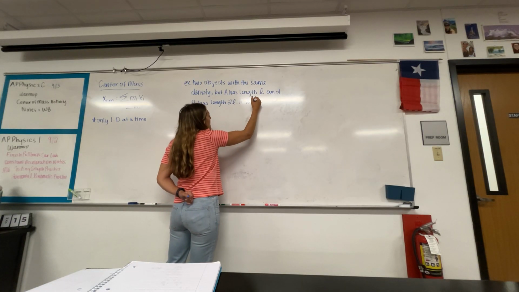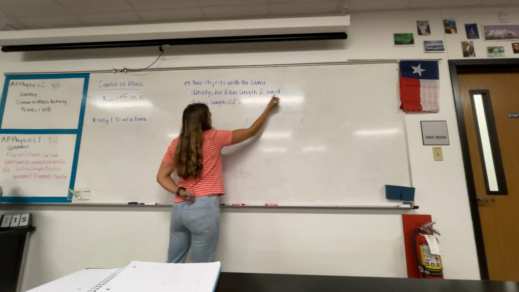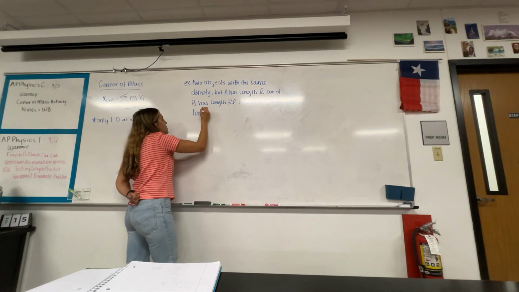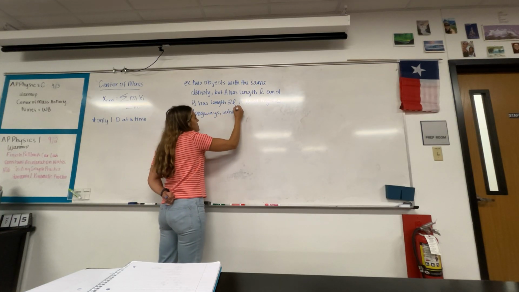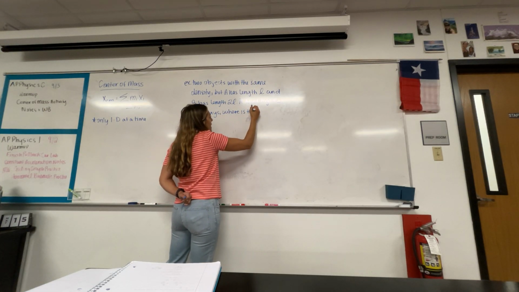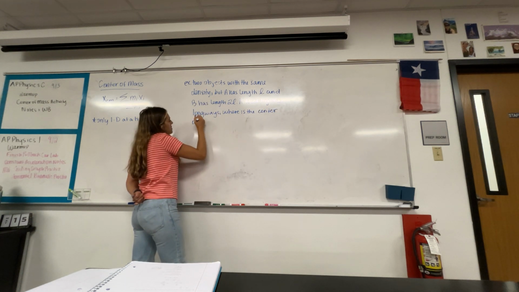If fused together long ways, I'll draw a picture so you can see there's a picture with this question. Long ways, where is the center of mass for the new guy?